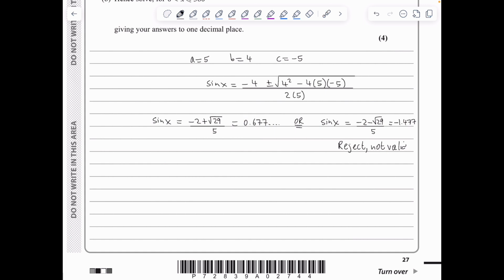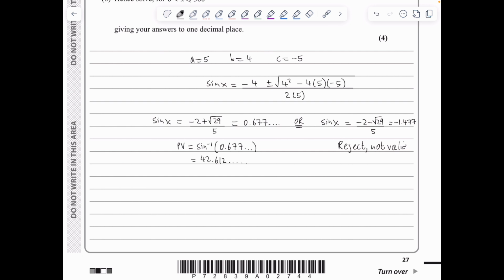I will proceed in solving sine x being 0.677. I will start by finding the principal value, which is shift sine of 0.677, which gives an answer of 42.612.